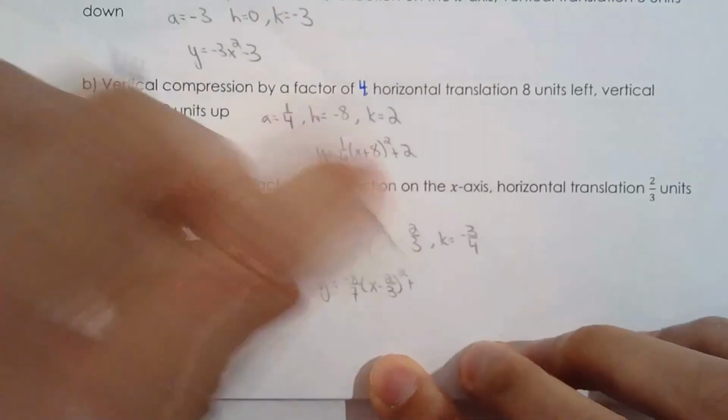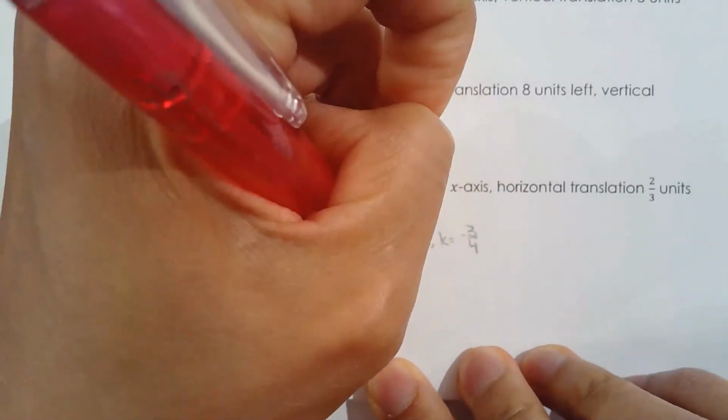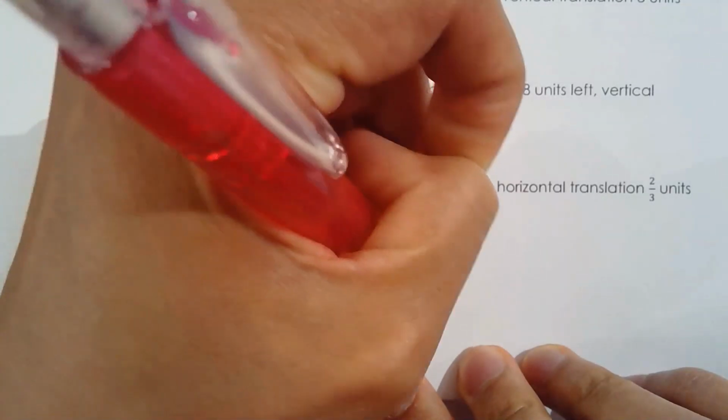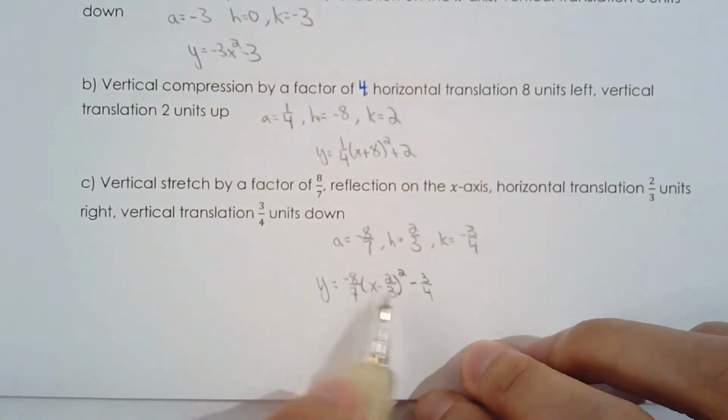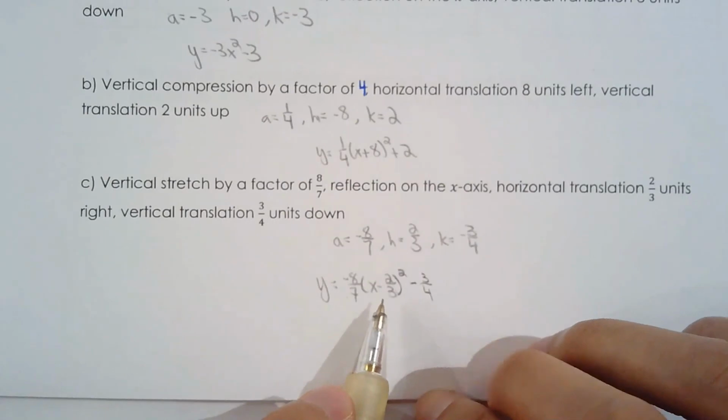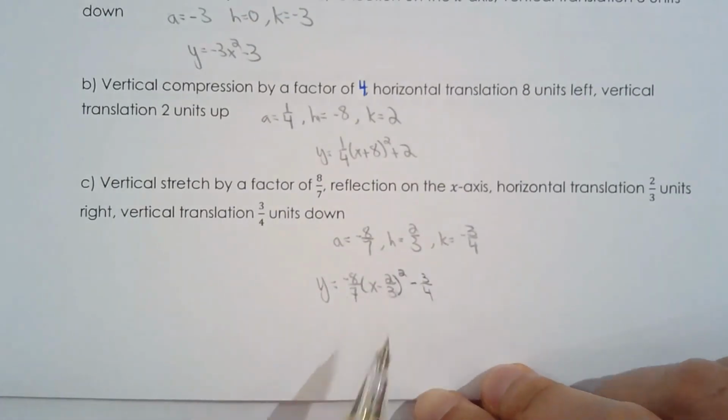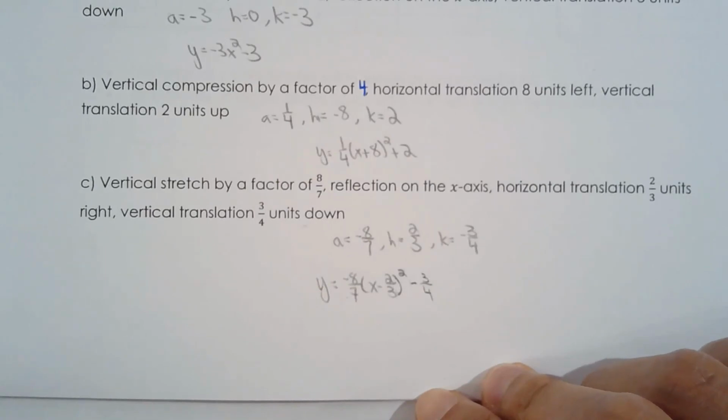That always throws students off. Oops, and k is negative. Later on, we are going to explain why it's negative here, okay? Because a lot of students really want to change a positive, but you're just not allowed to. The original form of vertex form is x minus h all squared.